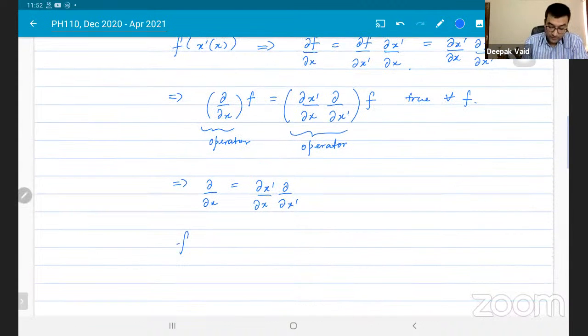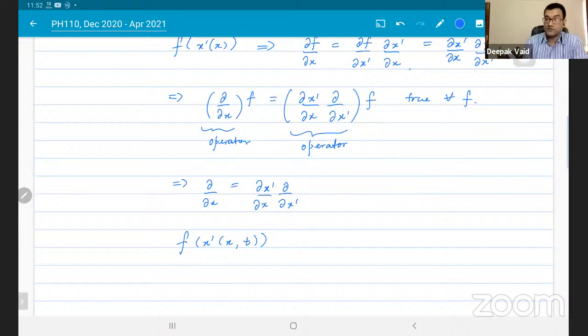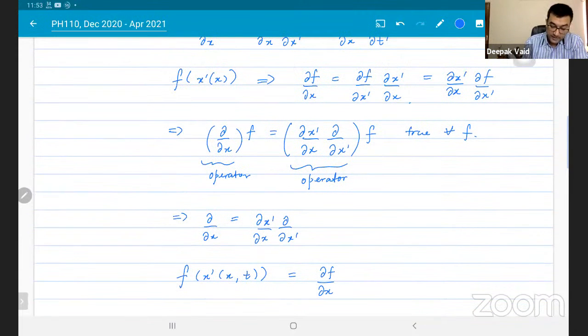Now, what if I have a function of two variables, like x prime is a function of x and t? Then what do we say? We say that df by dx, now I can calculate the derivative of f with respect to x and with respect to t. In this case, these should all be total derivatives actually.